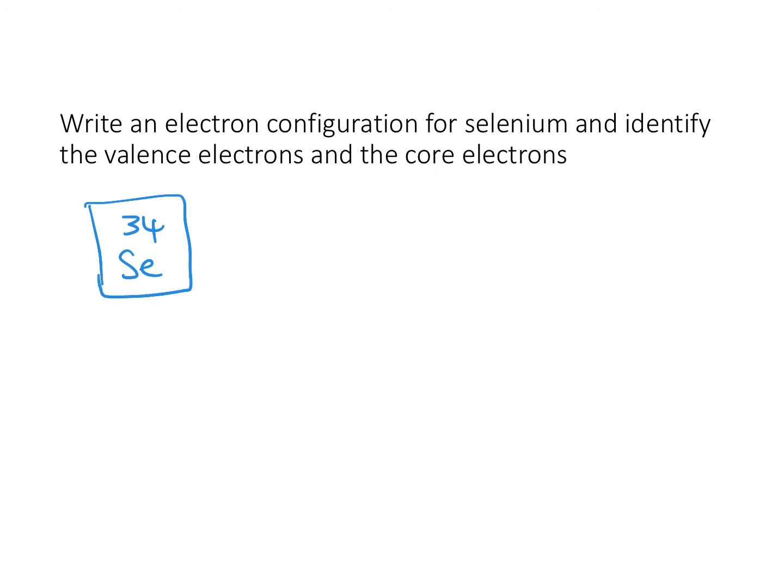I think the easiest way is that you just write the order that I taught you and then count the number of electrons. But you can just do it step by step too, whichever you prefer. So what I do, I just write 1s2, 2s2, 2p6. I know I should have 2 subshells when n equals 2, then 3s2, 3p6.